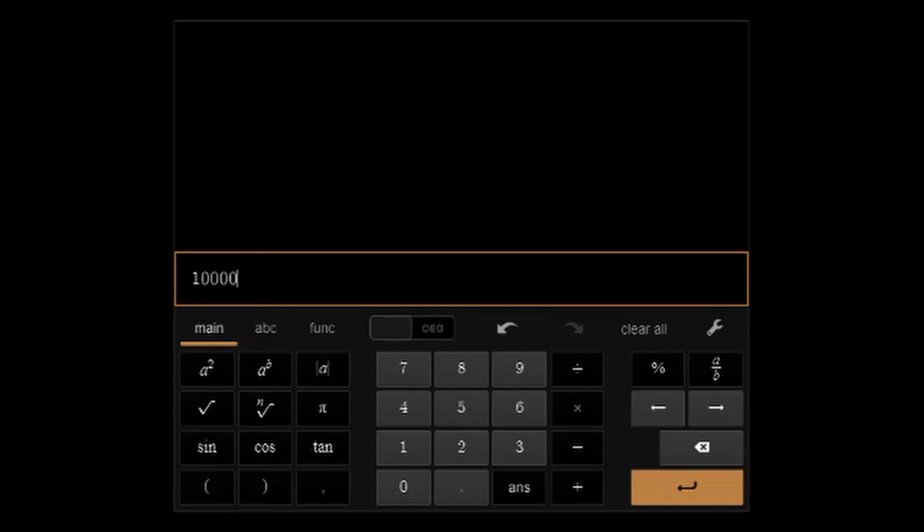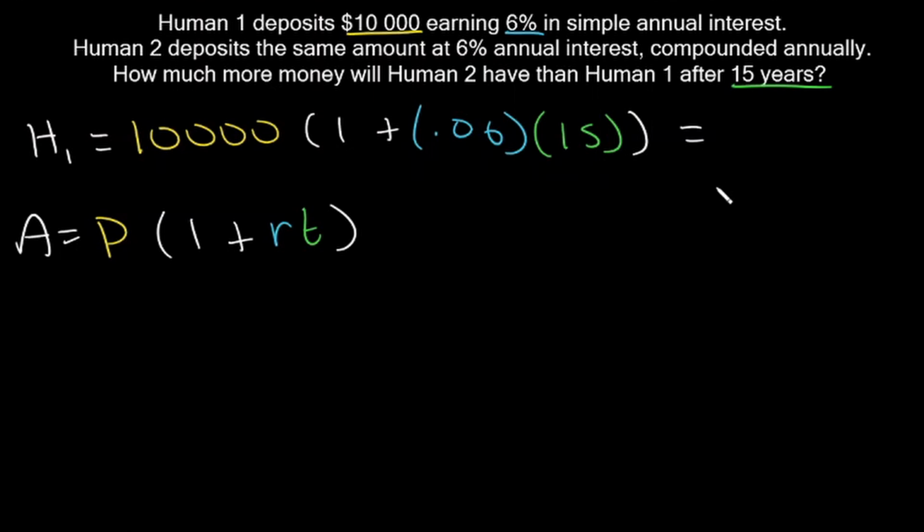So 10,000 multiplied by 1 plus 0.06 times 15. That is going to be $19,000. So after 15 years, Human 1 will have $19,000.